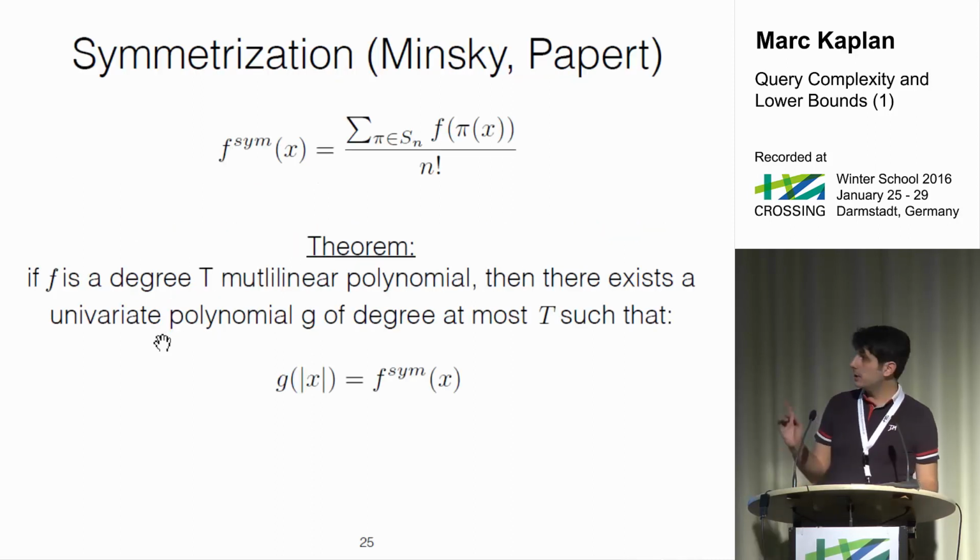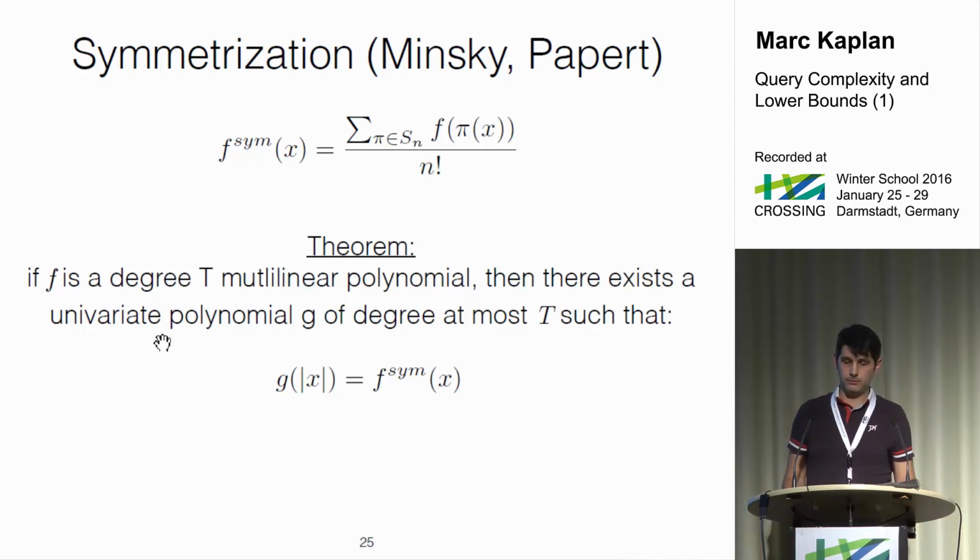So what is symmetrization? This is what was shown by Minsky and Papert a long time ago. If you have a polynomial f, then you consider this symmetrized polynomial. What I mean here is that you take x, and you average the value of f over all possible permutations of the bits of x. So I sum over all possible permutations of x the value f, and it's averaged over this.